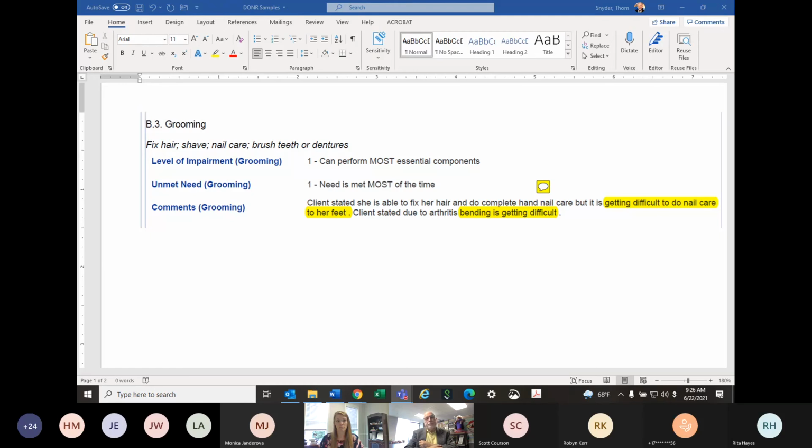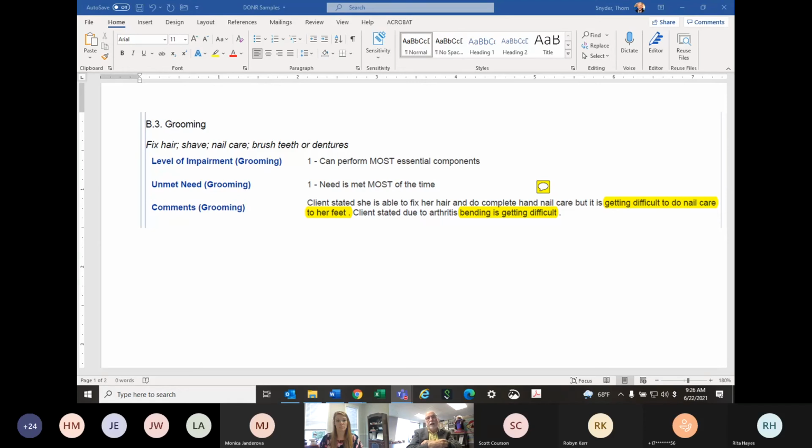The other thing is that impacts what my care plan is going to be. If I have arthritis and it's difficult for me to bend over and trim my toenails, and let's assume I'm not diabetic, so I don't need to go to the podiatrist, it may be that an appropriate care plan is to get her to one of those nail places once every couple of months.